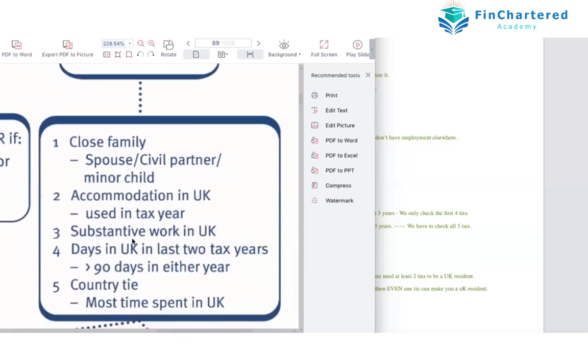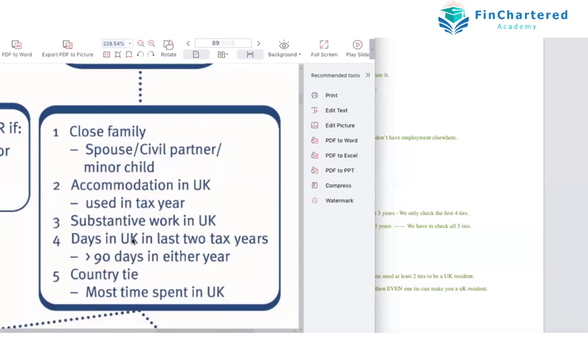These are some of the connections that you can possibly have. Either you can have a close family, or you have a house that you use in the UK, or you do a reasonable amount of work. These are a few connections that you can possibly have with the UK.